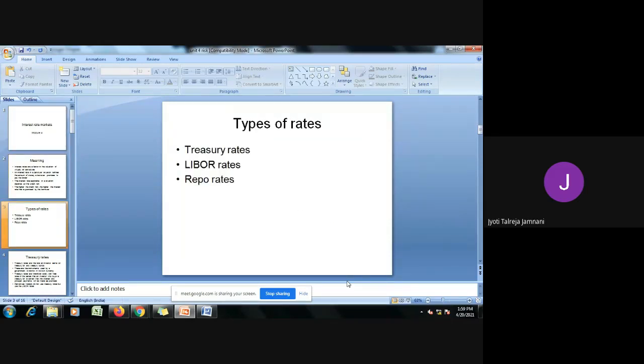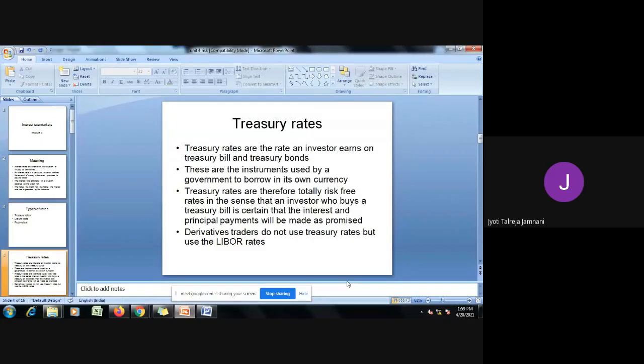The three major types of rates which we need to understand while we're doing derivatives are the treasury rate, LIBOR rate, and repo rate. Treasury rates are the rate an investor earns on treasury bills and treasury bonds. Treasury bills and treasury bonds are basically those issued by the government, and whatever interest rate is charged on these bills and bonds, we call it treasury rates.